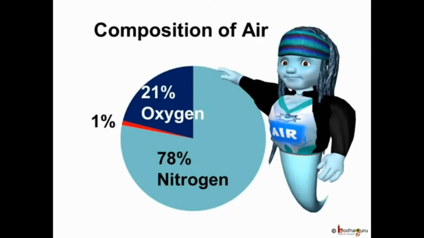In addition to these gases, there are many other gases present in small amounts. Additionally, there are also small particles floating in the atmosphere such as dust, water vapor, pollen grains, etc.